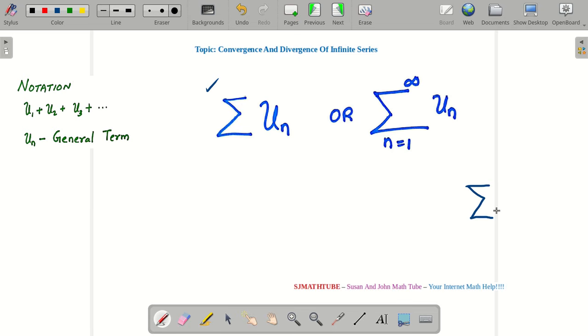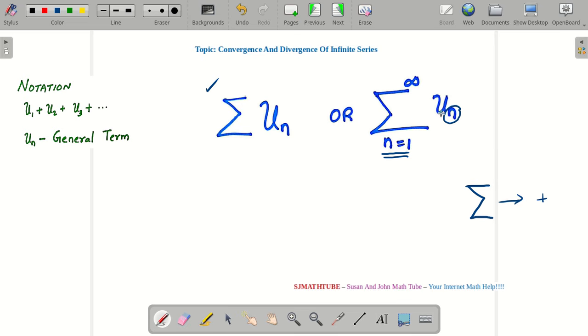Sigma stands for summation, or you can write like this: sigma n equal to 1 to infinity. Look at this, this is called the counter of the summation. That means you're supposed to put n equal to 1 here, so that you'll get u1, and then sigma says plus.